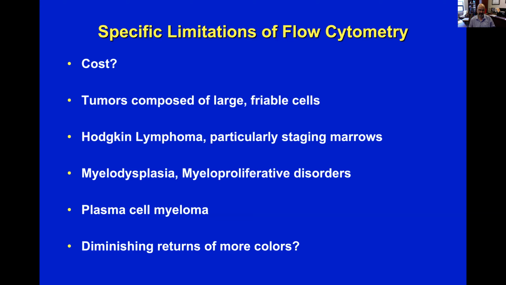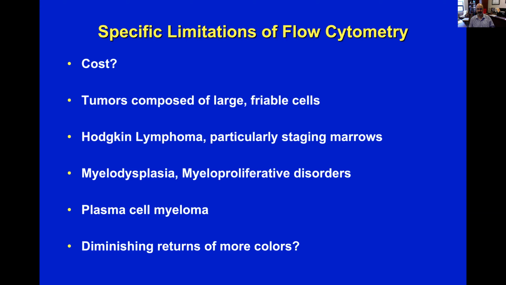With myelodysplasia as well as myeloproliferative disorders, flow cytometry does have a role in potentially suggesting or diagnosing these disorders. But the most important thing to remember there is a negative flow cytometry study does not rule out these disorders. So that's important.